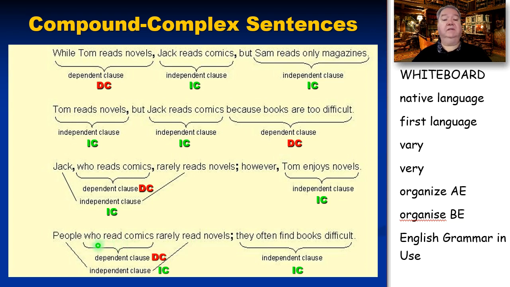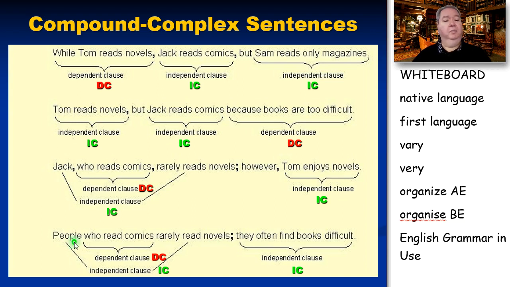Who read comics, that phrase describes the people. It's a dependent clause. Is it necessary to the meaning of the sentence? Can we simply say, like we did up here when we said Jack rarely reads novels, can we say people rarely read novels? That changes the meaning, doesn't it?